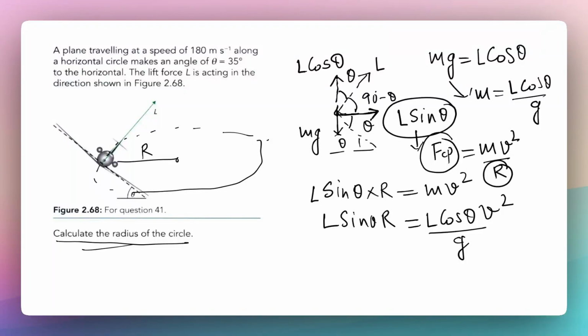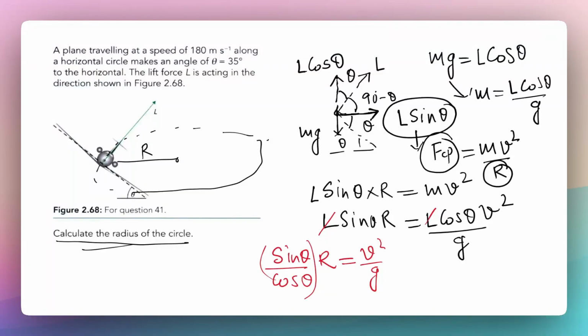Now we can see here that this L cancels. So I'm going to take g on this side and cos theta down. So now we'll have sine theta over cos theta, into r, equal to v square by g.